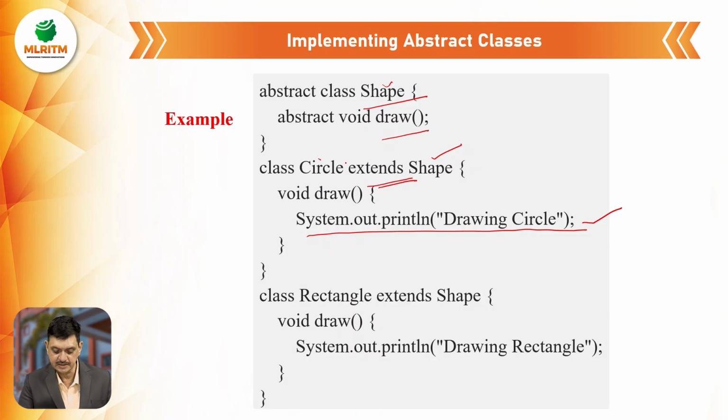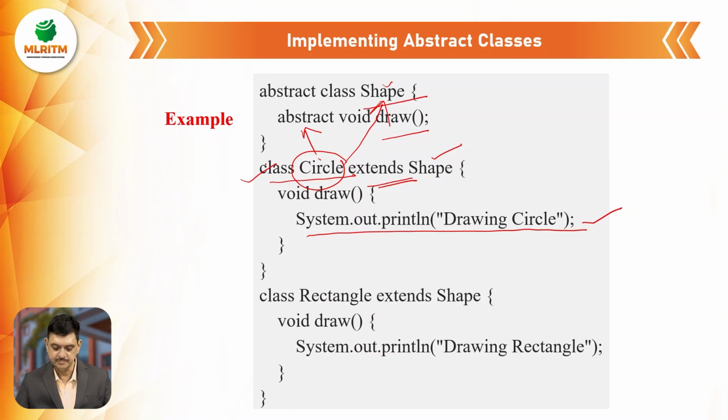So this Circle class, as it is created from Shape, must provide a definition for this abstract method. Only then can we declare this class Circle a concrete class, and create or instantiate objects from this class.